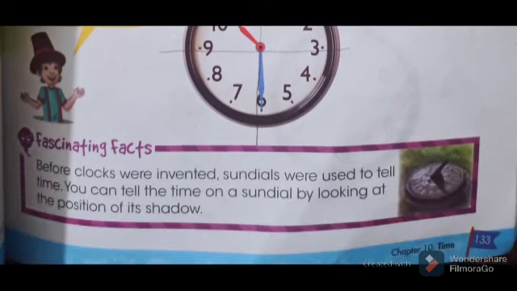Dear students, before clocks were invented, sundials were used to tell time. You can tell the time on a sundial by looking at the position of its shadow. Basically, it is the earliest type of timekeeping device, which indicates the time of day by the position of the shadow of some object exposed to the sun rays.